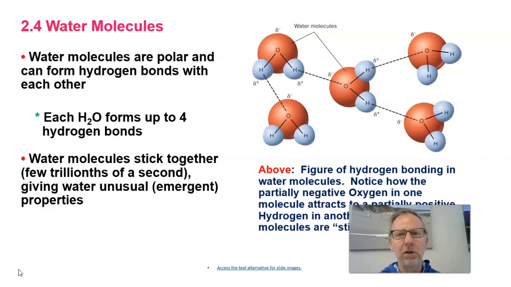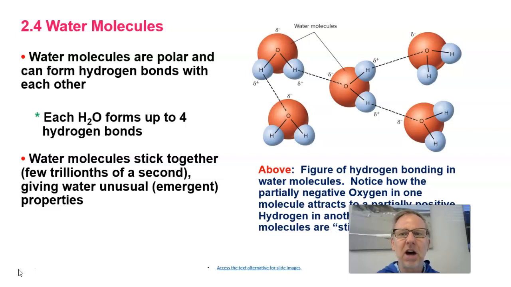Now, polar molecules stick together. They stick together with those bonds that we call hydrogen bonds, which you can see in the figure here on the slide. How do you tell hydrogen bonds from covalent bonds in the figure? The covalent bonds are shown with solid lines, and the hydrogen bonds with little dots in between the molecules.